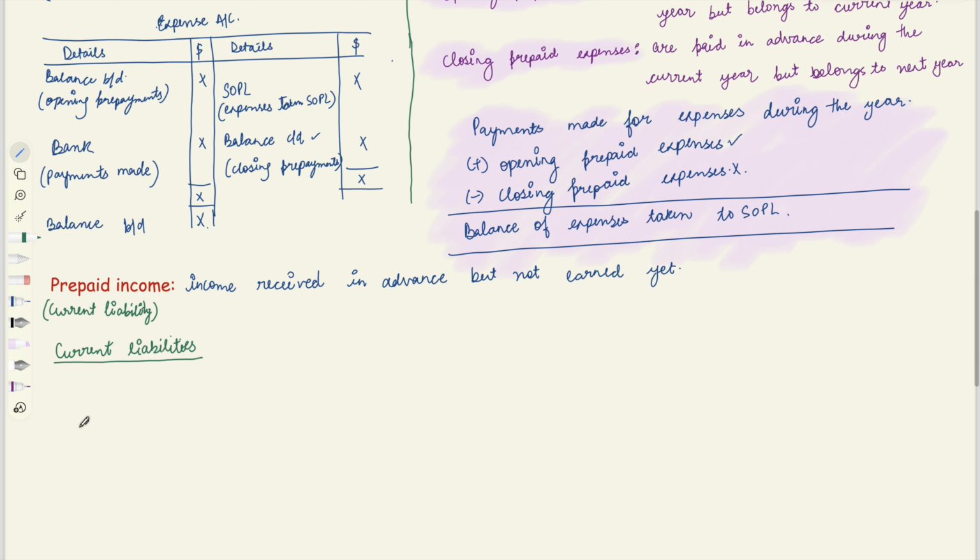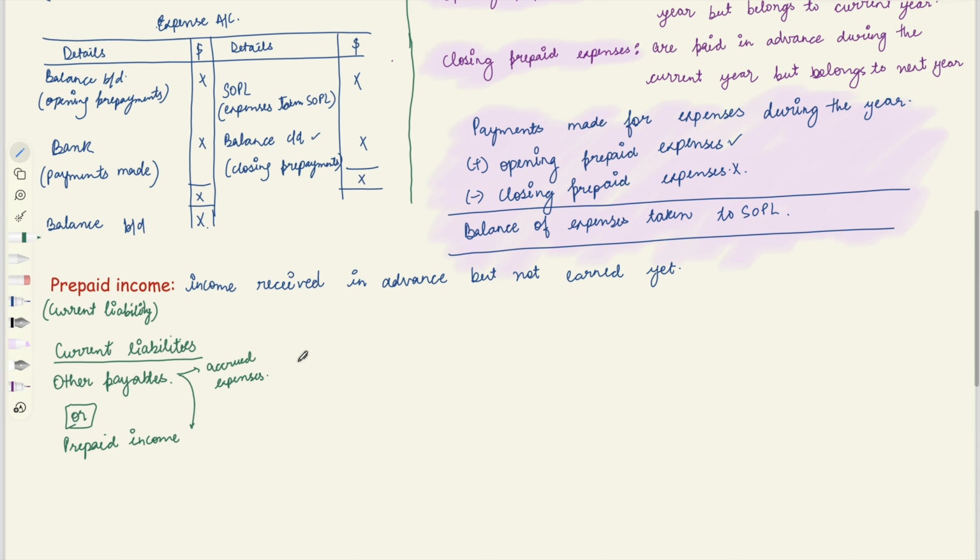Next thing is that we're going to include trade payables, then other payables. In other payables, I'm going to be showing this prepaid income. Or we can show it separately as prepaid income too. So now we have learned that my other payables include one, prepaid income, and accrued expenses.